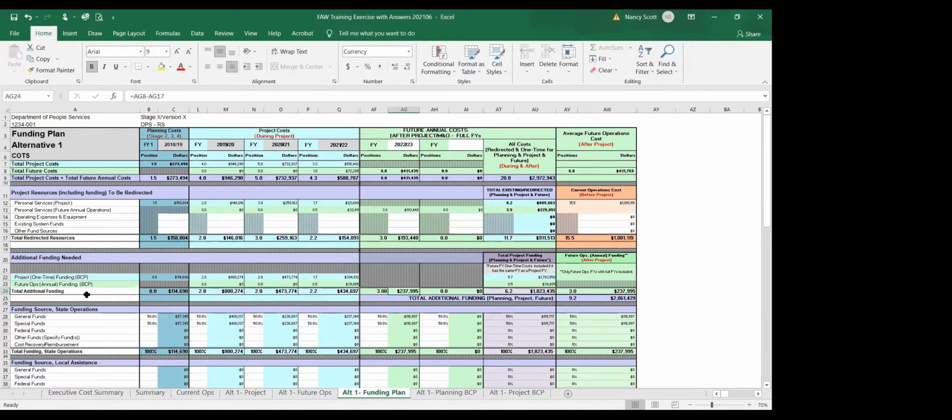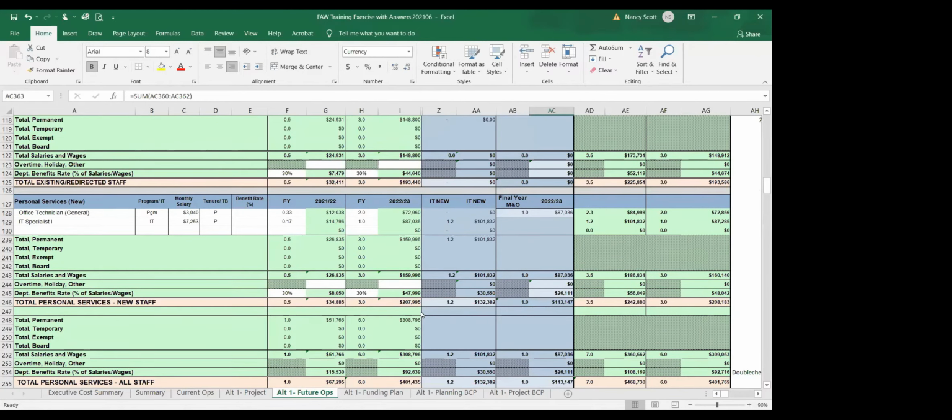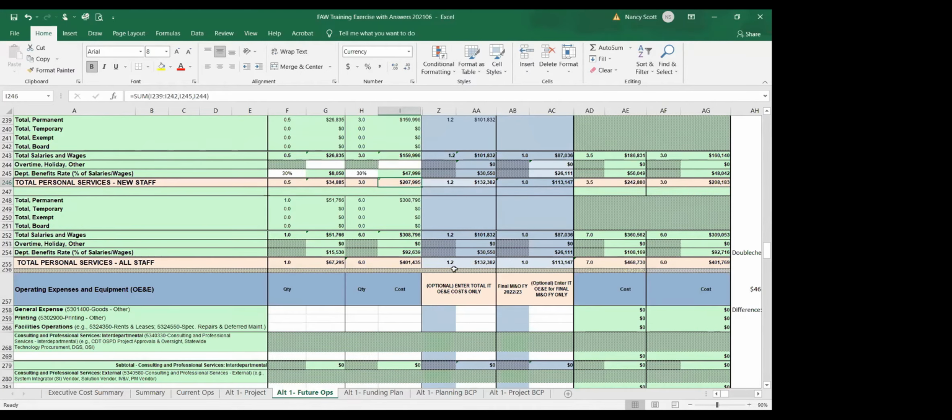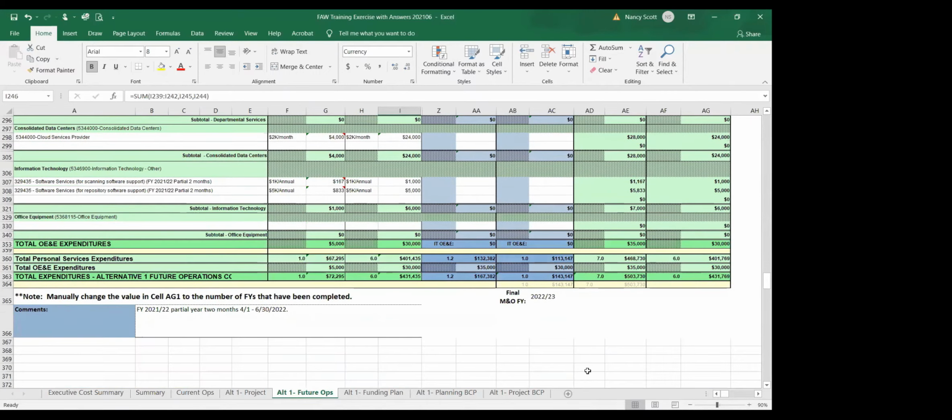So the BCP would match this 237,995. Now, of course, that would be partly staff and partly OE&E. So that detail would be back in the worksheet, where you could look at the total 207,995 that should be on the BCP, and then also the 30,000 would be the other amount for OE&E on an ongoing basis.